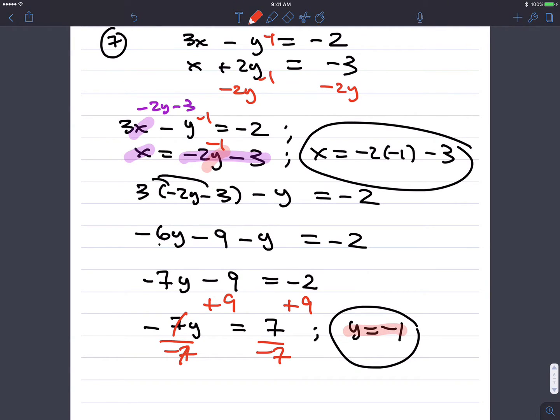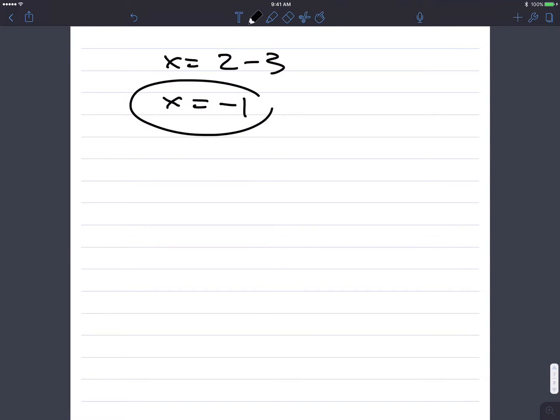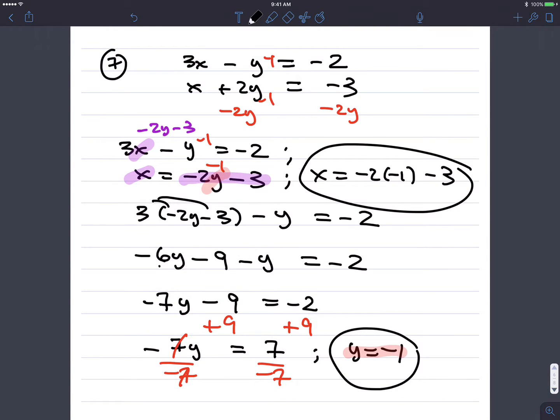I just plugged it into the one that would be the easiest. So let's look at the work. Negative 2 times negative 1 will be positive 2. So x will be positive 2 minus 3, or x is negative 1. We get negative 1. Your y-coordinate is also negative 1.